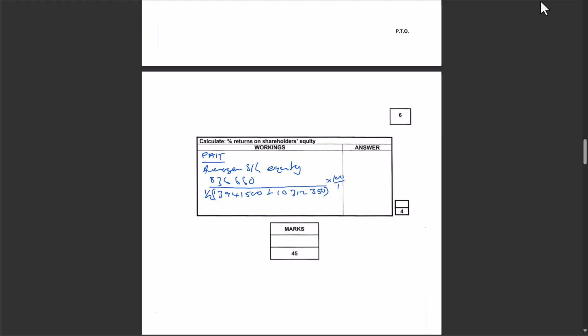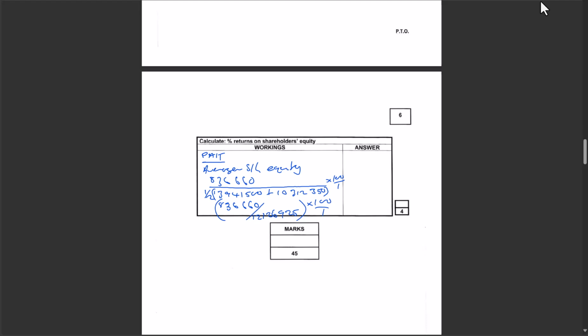So that will be 836,660 divided by 12,126,925, all multiplied by 100 over 1, that's 100%.